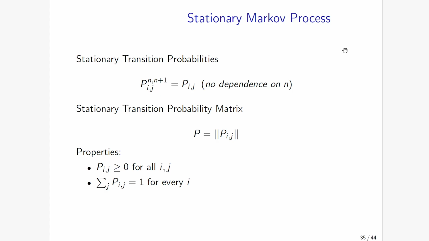And so we can define a matrix P, which is the collection of all pairwise probabilities P_ij of moving from state i to state j. We require that these transition probabilities are non-negative, and that the sum over target states j from state i of those probabilities sums to 1 for a stationary transition probability matrix.